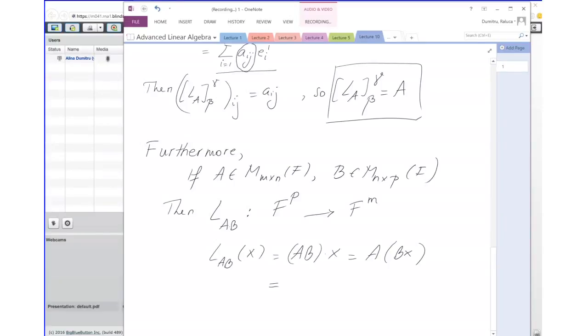But A times something is in fact left multiplication by A, correct? So I can rewrite this as L sub A of the vector Bx. And I can keep going, because the vector Bx is in fact a left multiplication by B. So this is L sub B of x.